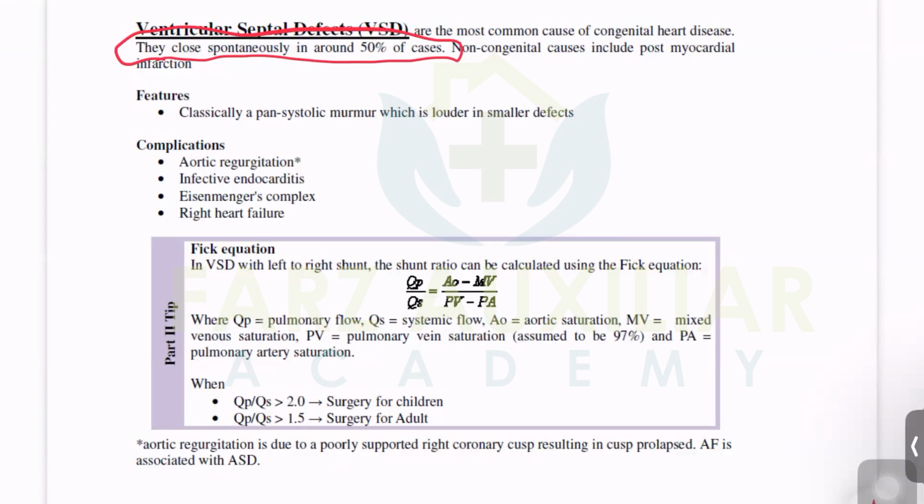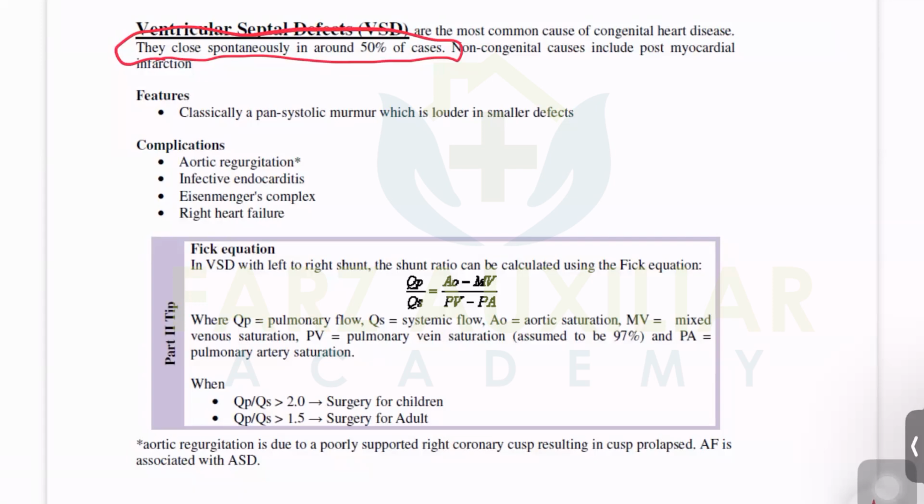acute myocardial infarction. Just to name another one, acute mitral regurgitation almost always happens instantly because of papillary muscle necrosis. And the later one to happen as a complication is ventricular septal defect. The most common congenital heart disease is ventricular septal defect.